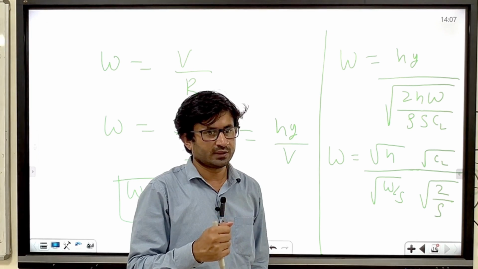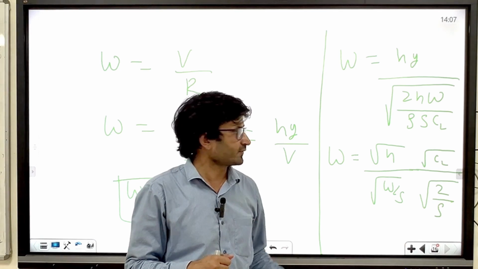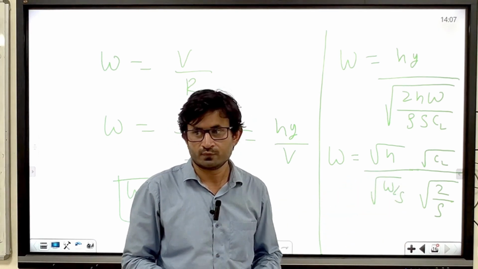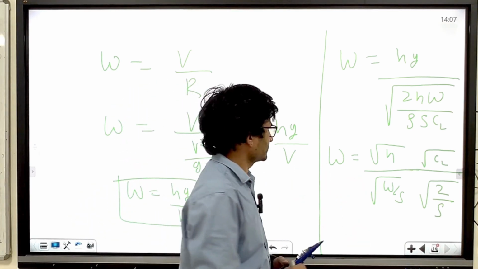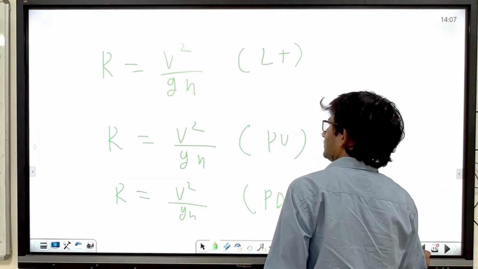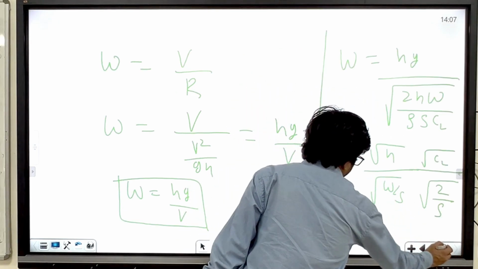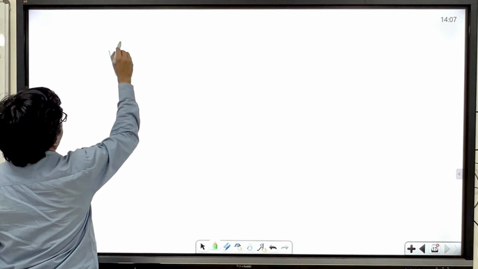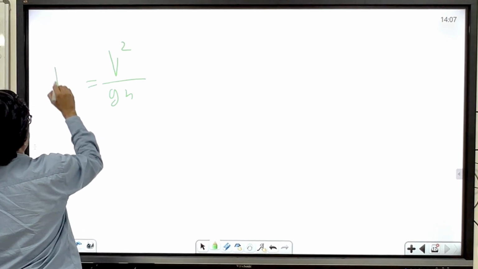You will increase your angle of attack to CL max, and then utilize the full load factor to pull up with full throttle. Okay, and then you will get the omega max. And what will be this R expression? The R expression is V square by gn, right?